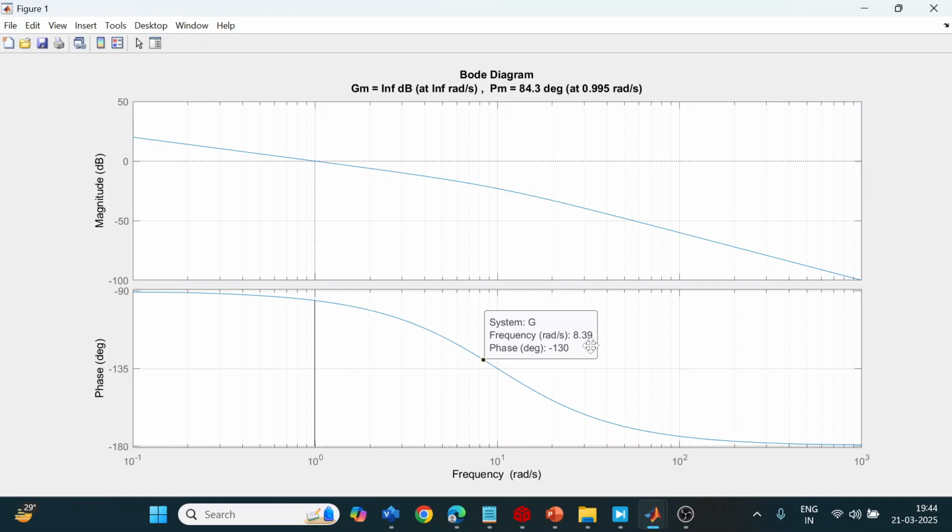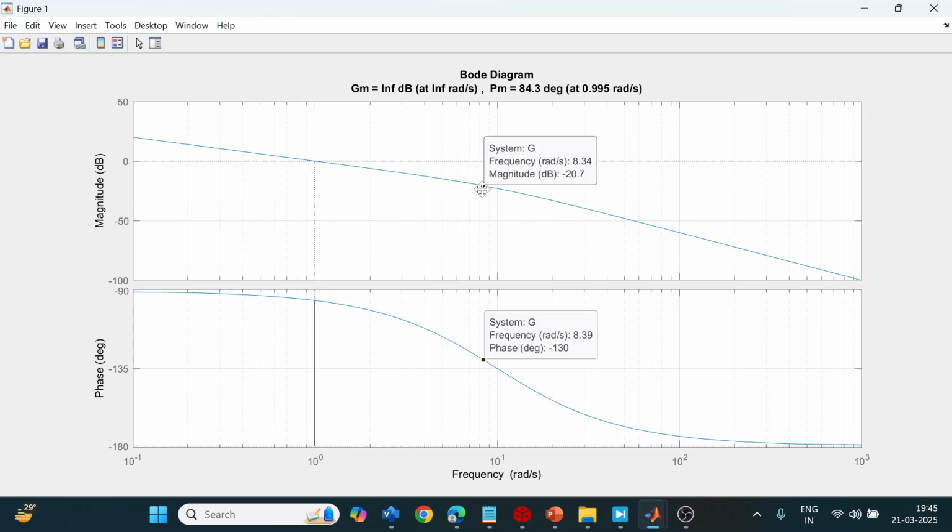But you go to this 8.39 on the gain margin, because you have to equate it to 1. So go to 8.39 somewhere here. Here is 8.35, let me go to 8.39 slightly.